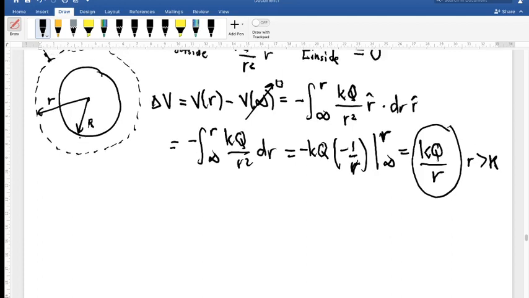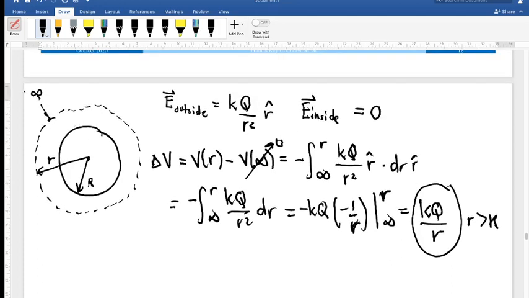Inside, we have two boundaries: from infinity to the surface at radius R, and from radius R to your Gaussian surface with radius r. So we have two boundaries for the potential.